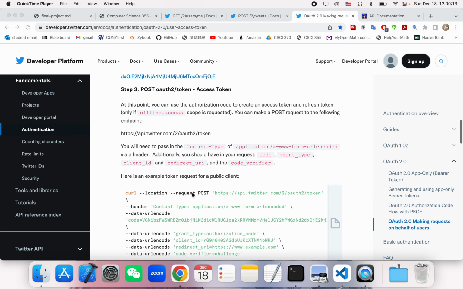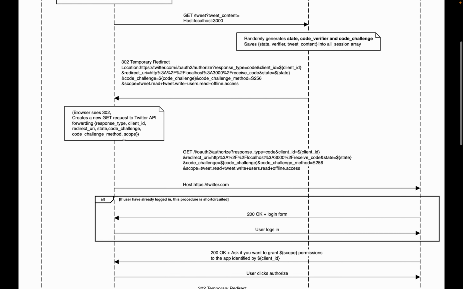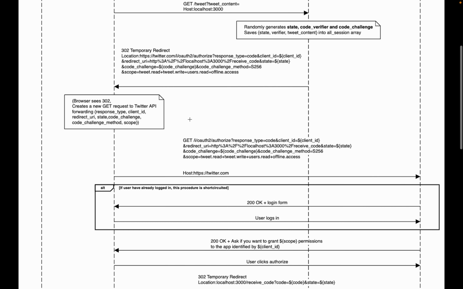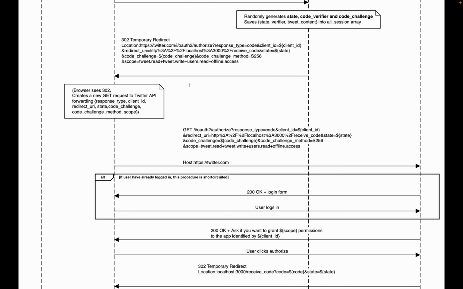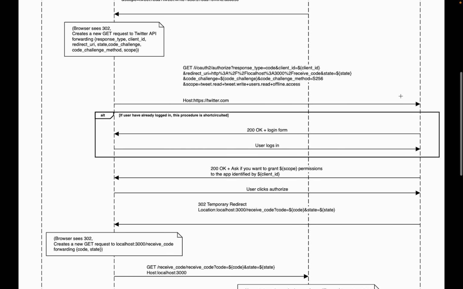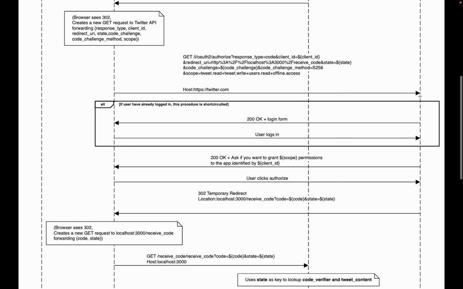It's going to forward response type, client ID, redirect URI, state, code challenge, code challenge method, and scope. So it's going to send a GET request to this URL we just constructed, and Twitter sees this GET request.